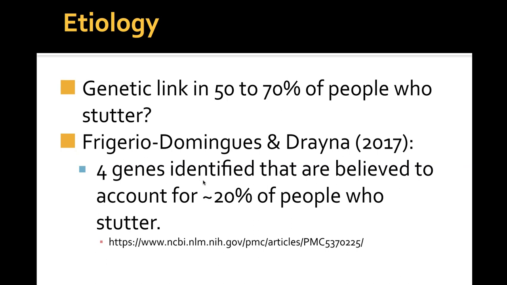And he and his colleagues have identified 4 genes that probably account for about 20% of all people who stutter. But they've got a ways to go here. And speaking is such a complicated process that it's going to end up being multiple genes involved in stuttering across multiple chromosomes. So we're just in the early beginning stages of all this stuff.